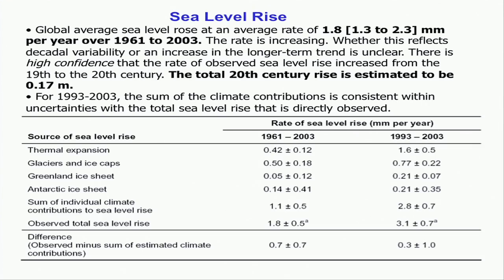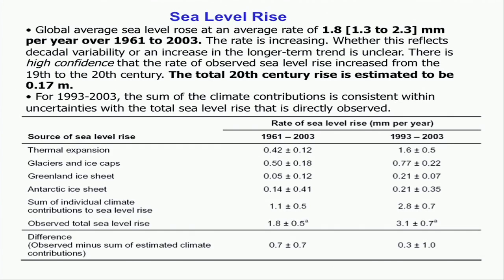And this is how they break down the sources of sea level rise. Typically, you look at two different periods, 1961 to 2003, and 1993 to 2003. And you can see that, of course, warming of water expands, so thermal expansion accounts for most of the increase. These numbers are in millimetres per year. Glaciers and ice caps come next, so again, 0.5 millimetres per year from that.